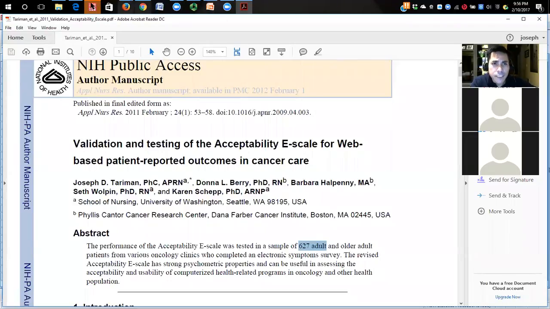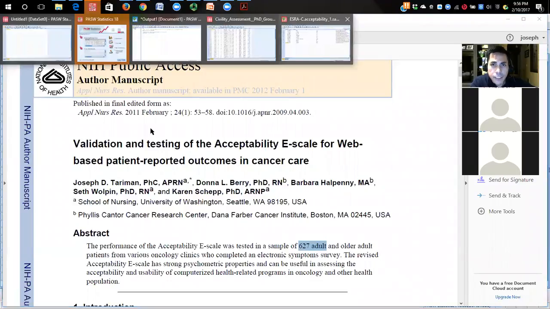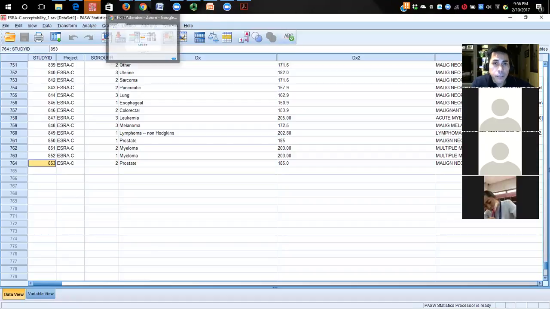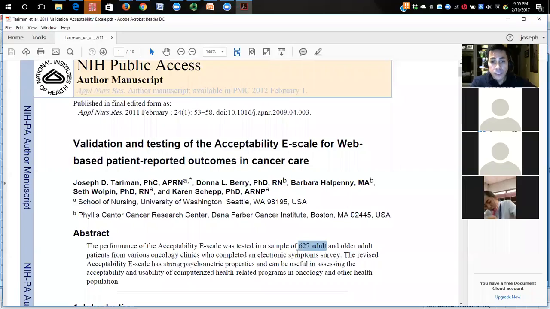This data set right now shows that there's 853, and my final, the one that the statistician gave me, was only 627 participants. So that's more than 200 in the discrepancy in the N, or the sample size.